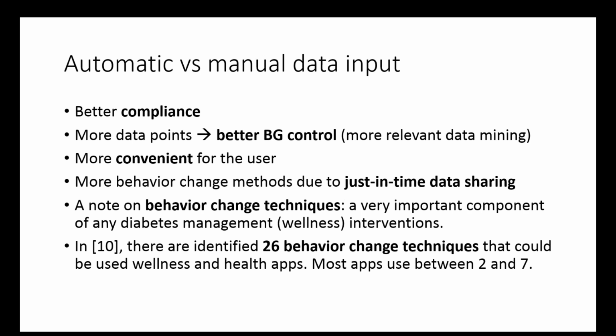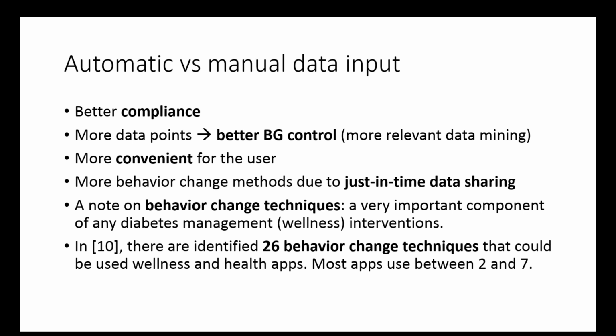And I have a note on which, for a data person, I had a reservation when I sat on an NIH study section. This idea of behavior change techniques is very important in diabetes management and wellness interventions. And I actually have a record where they say they have an ontology of it, which I like.